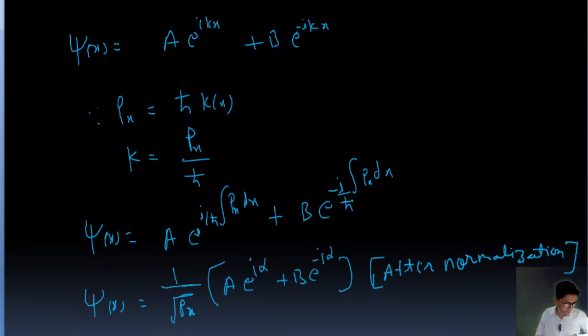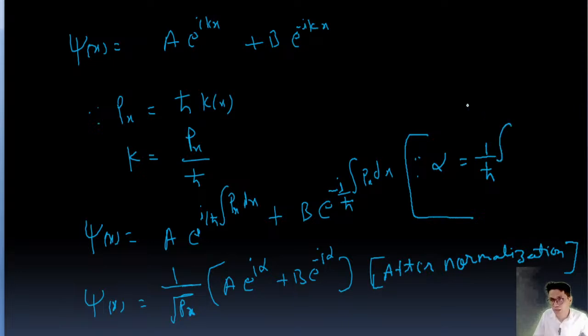So the value of alpha is equal to 1 upon h cut integration px dx. So instead of that we have put alpha.